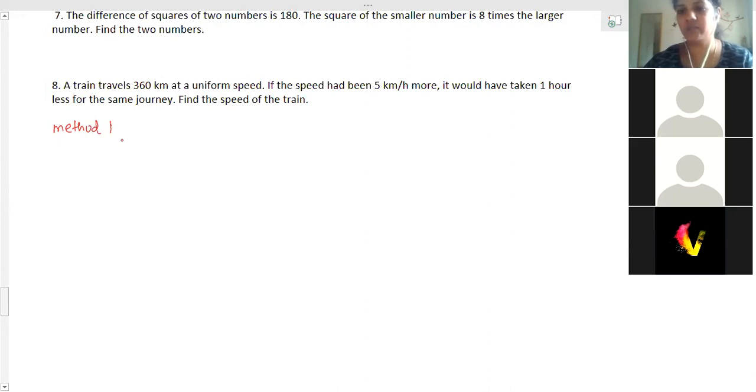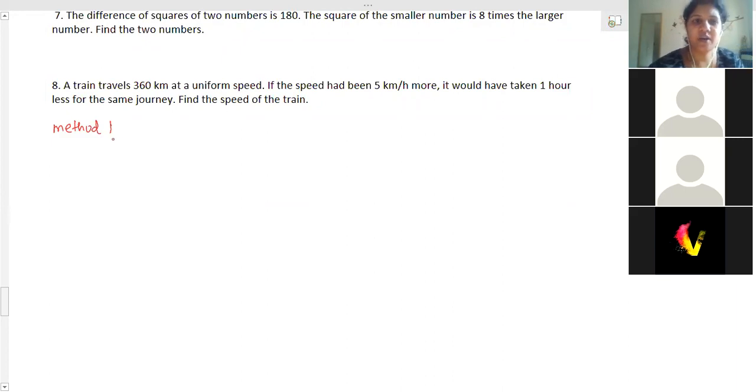The first method is lengthier, but sure. You will get the proper answer, and there will not be any confusion about when to take plus and when to take minus. The second is shorter, but most of the time confusion will take place. If you are very good at the second, you can continue with that one also.